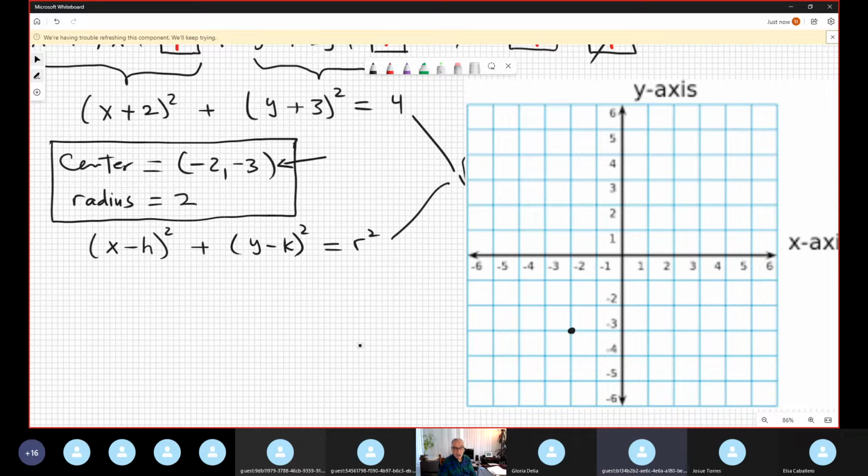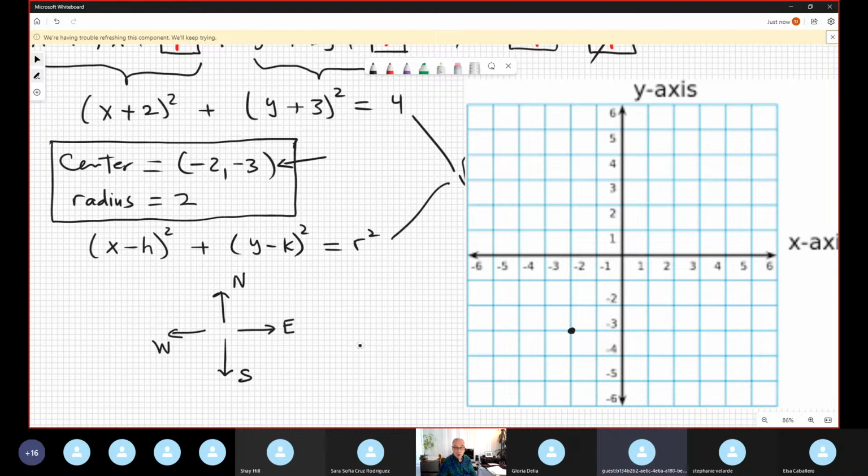Now, remember, I need to do 4 points by hand: over, downward, right, and left. So it's like north, south, east, and west, the 4 important directions. And what is the distance? The distance is the radius, and the radius is 2.